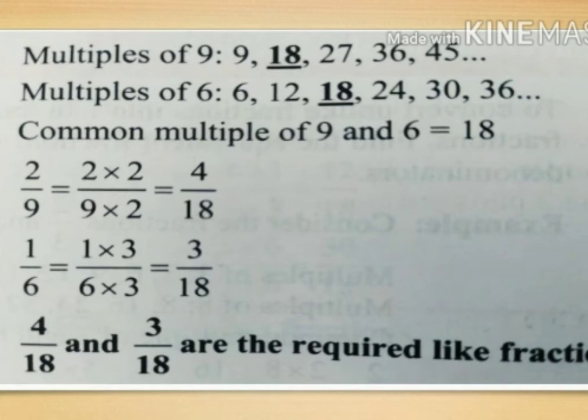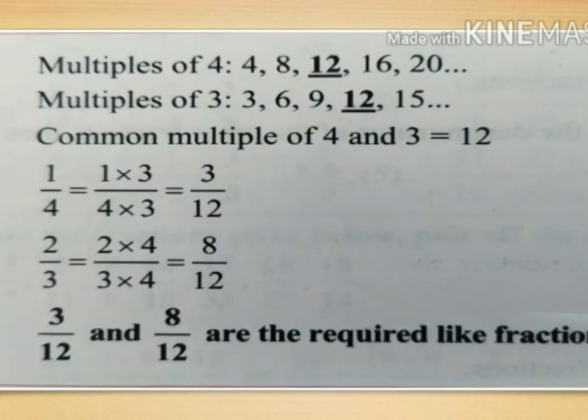Take first fraction 2 upon 9 and make 18 as a denominator. So 2 into 2 which is 4 and 9 into 2 which is 18. Take second fraction 1 upon 6. 1 into 3 which is 3 and 6 into 3 which is 18. So 4 upon 18 and 3 upon 18 are the required like fractions.